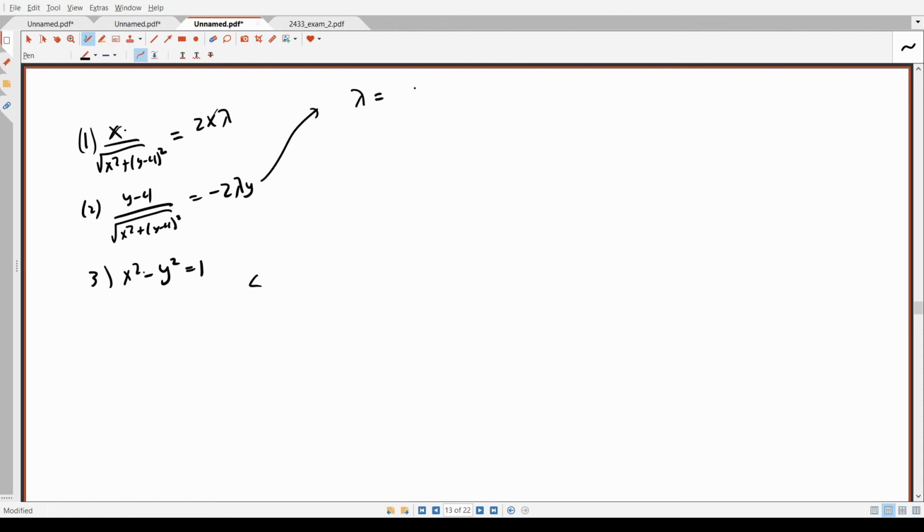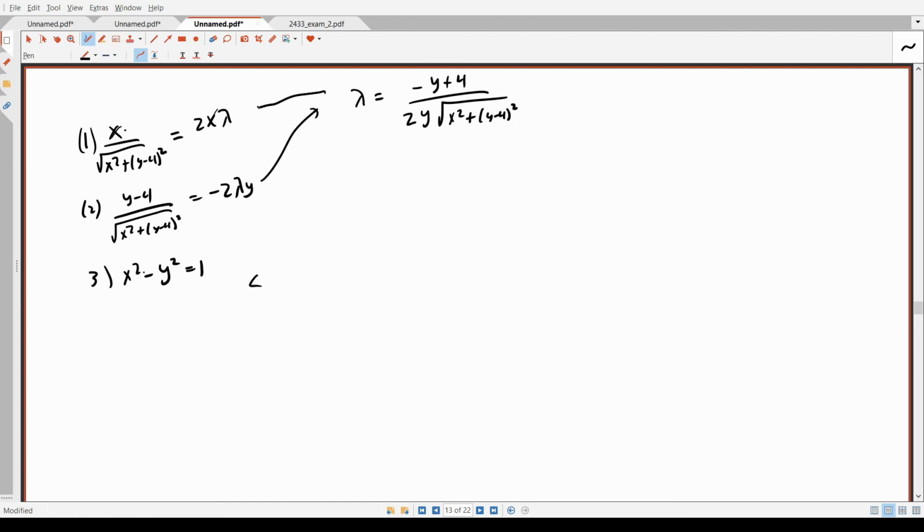Okay, so this gives me lambda equals y minus 4 over minus 2y root x squared plus y minus 4 squared.